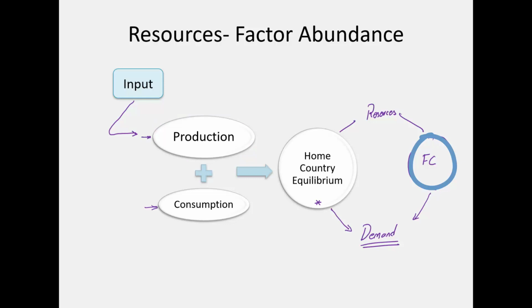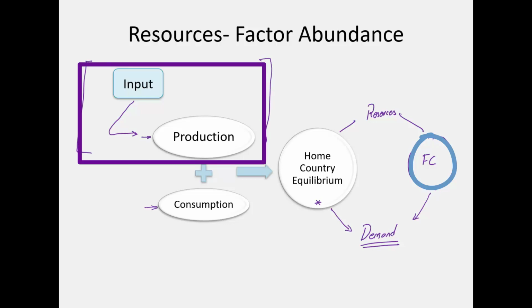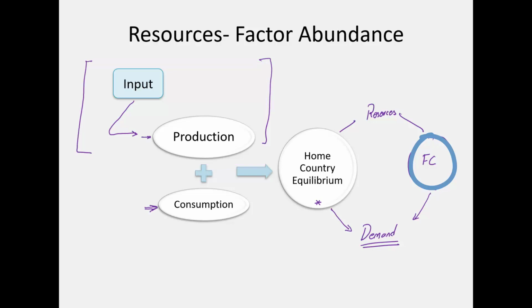So we're going to spend time, as we did in the case of the Ricardian model, setting up the production side of things, because that's what's going to be different across these two countries. And we're just going to assume certain consumption preferences which are the same for the two countries, and we're going to just superimpose a relative demand function on our final model. So it's the production side that we would be spending time on.